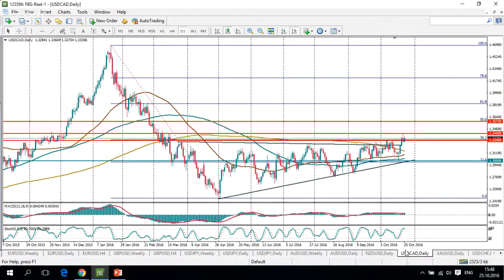All in all, we saw that on Monday, the pair formed a candle with a longer upper shadow into 1.34 resistance. It means that it is not easy for the bulls to overcome this resistance level, and some retreat of US dollar, Canadian dollar is possible.